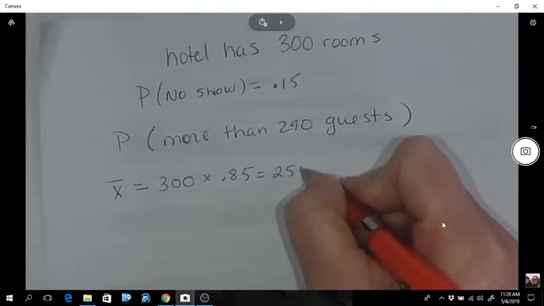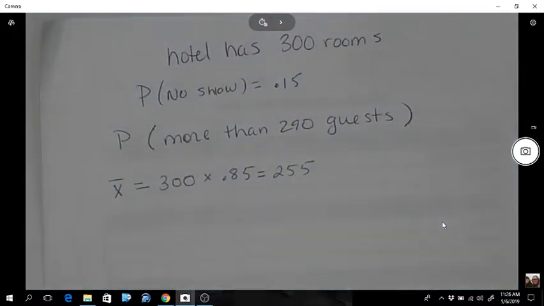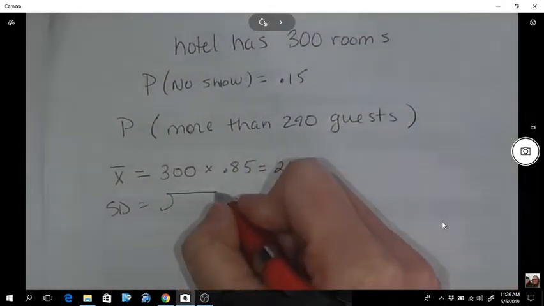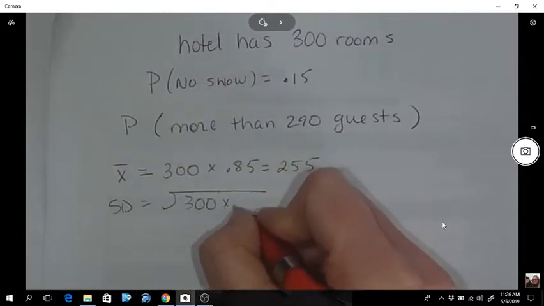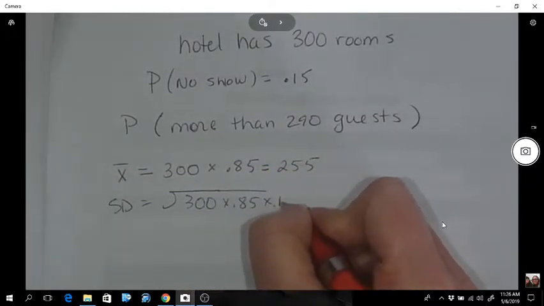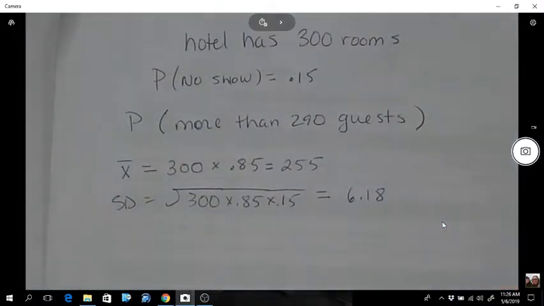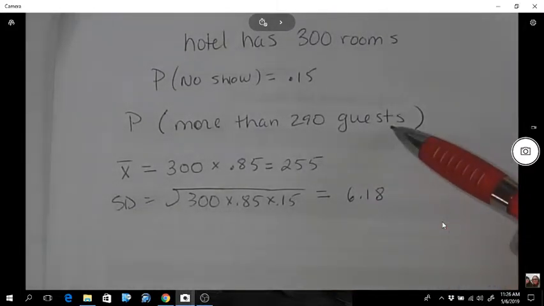So our mean is 255 rooms get filled for an evening. And the standard deviation, square root of npq, 300 times 0.85 times 0.15, that's 6.18.